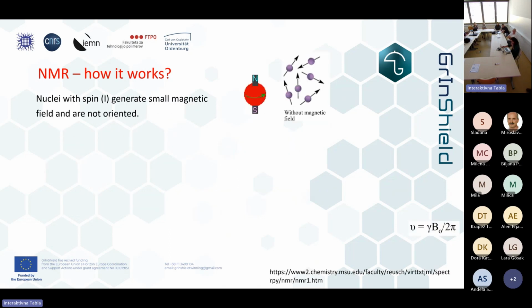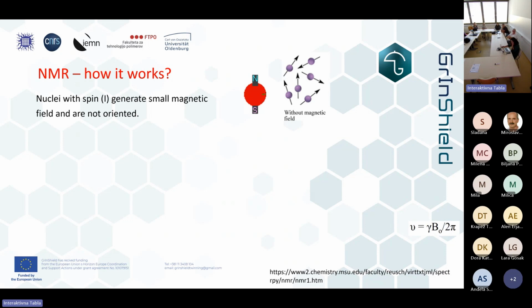So how does it work? Nuclei with spin rotate and make a small magnetic field. In nature, these fields are oriented randomly, so nothing.